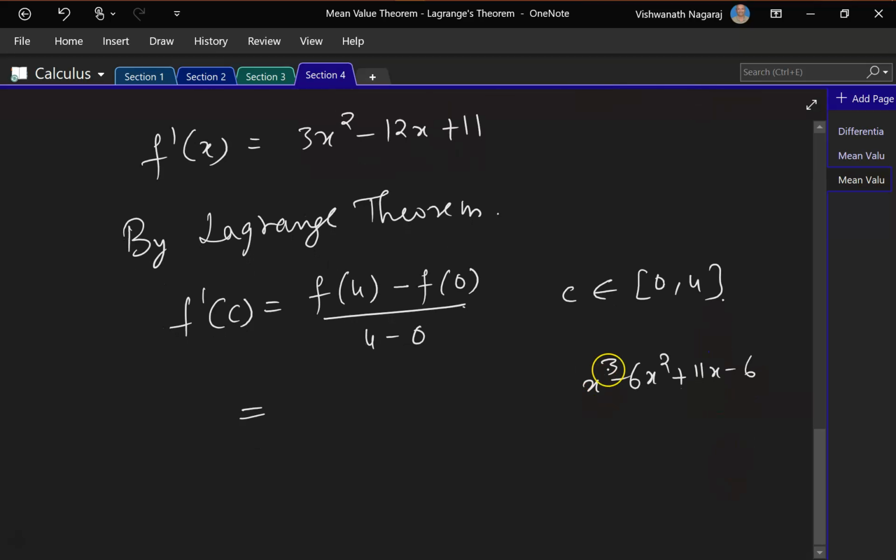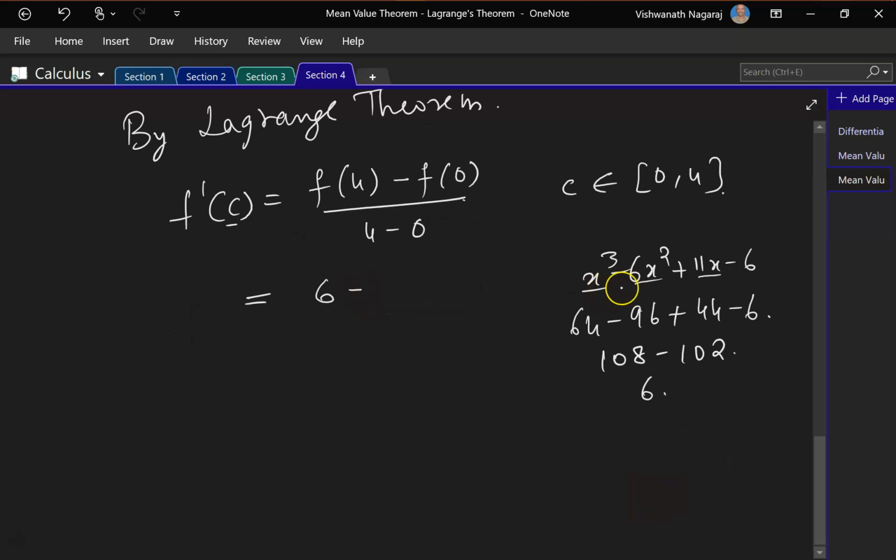Now 4 cubed is 64, minus 6 times 16 which is 96, plus 11 times 4 which is 44, minus 6. 64 minus 96 is minus 32, plus 44 is 12, minus 6 is 6. Now when we put x equal to 0, we are left with minus 6. So 6 minus (minus 6) is 12, by 4, which is 3.